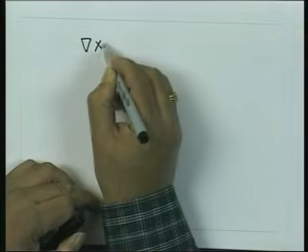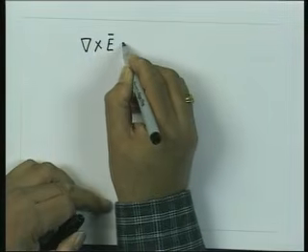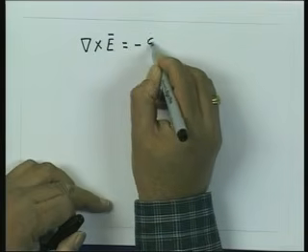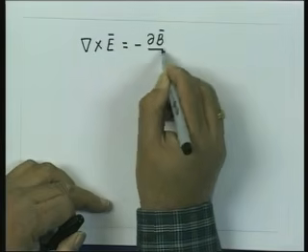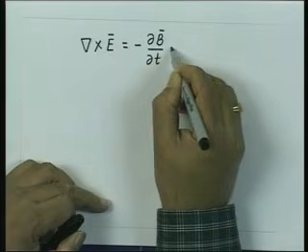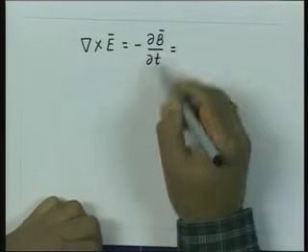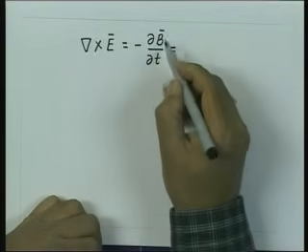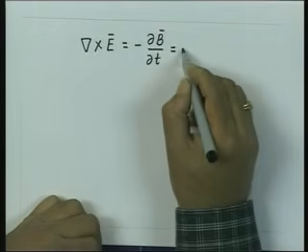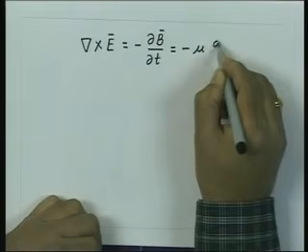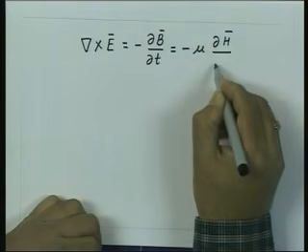Going to Maxwell's equations, essentially the curl equations, we have in general del cross E equal to minus dB by dt. If I assume that the permeability of the medium is not a function of time, I can take mu out and this can be written as minus mu dH by dt.